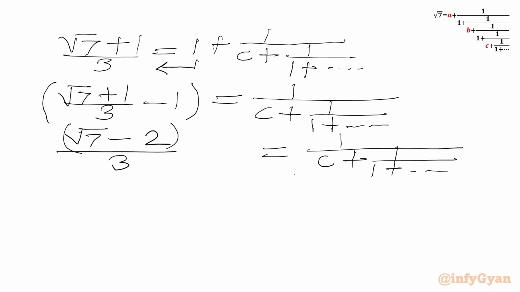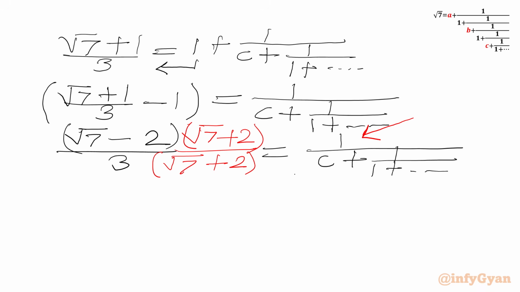Now in RHS, we have 1 in the numerator once again. So we'll try to maintain the same in LHS. So I need to rationalize the numerator. We'll multiply by root 7 plus 2 in the numerator. So in the denominator, using difference of two squares formula, we are going to write here root 7 squared minus 2 squared over 3 times root 7 plus 2.